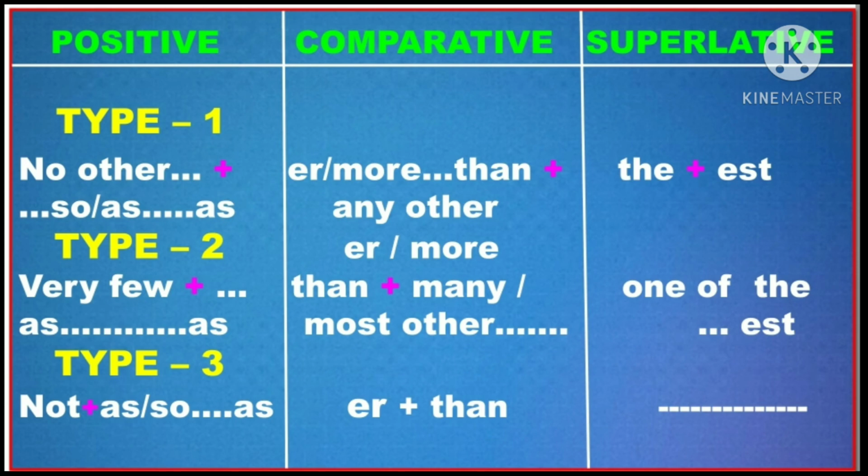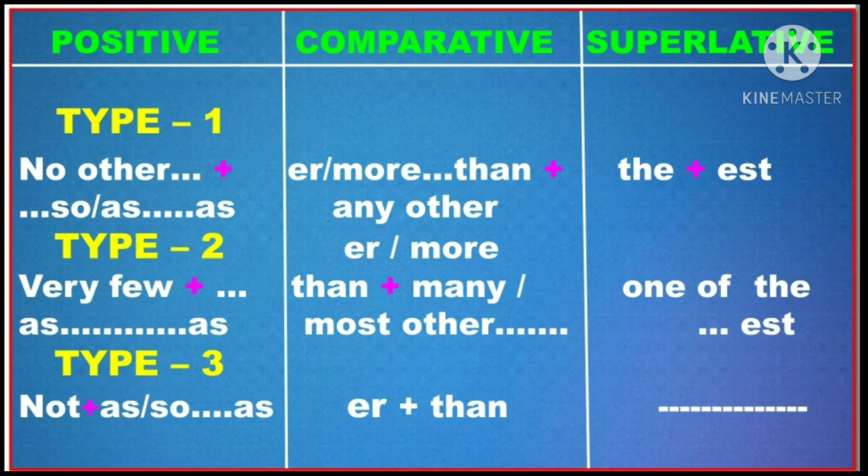Got it? Okay. When it goes to superlative degree, we should remove er or more than plus any other from the sentence, and we should add the plus est with the adjective word, so that the sentence will be considered the superlative degree.